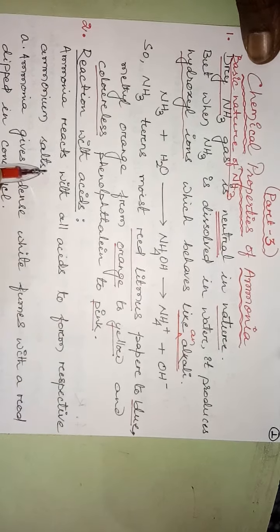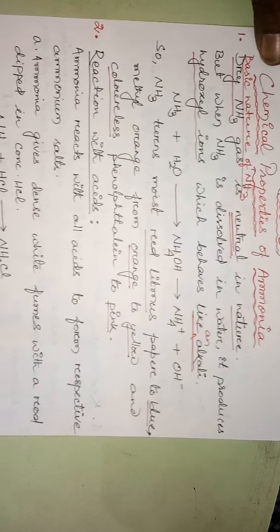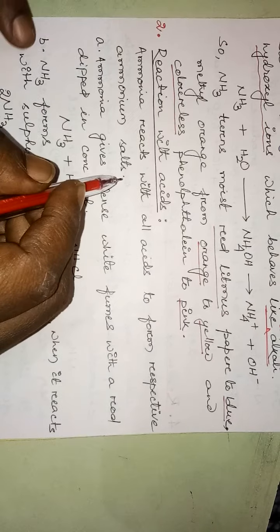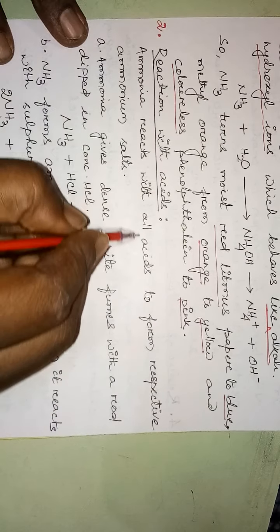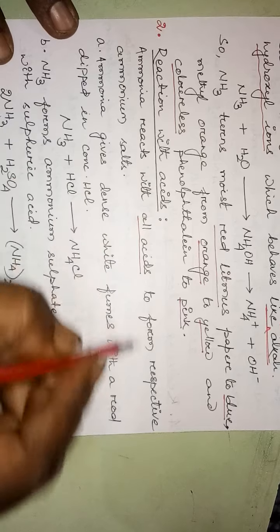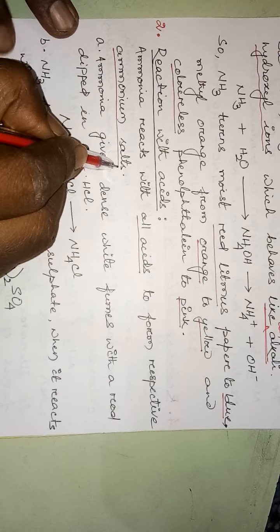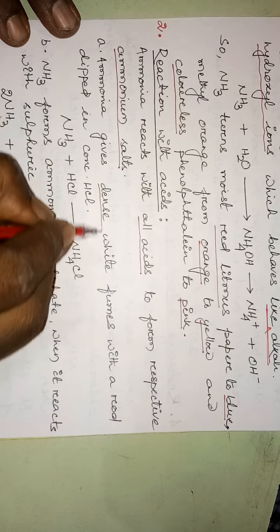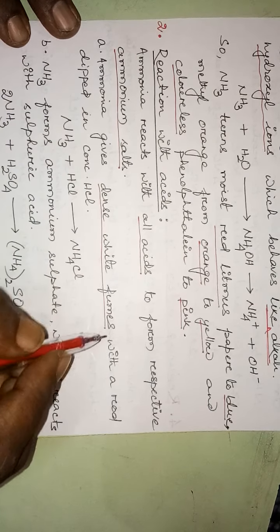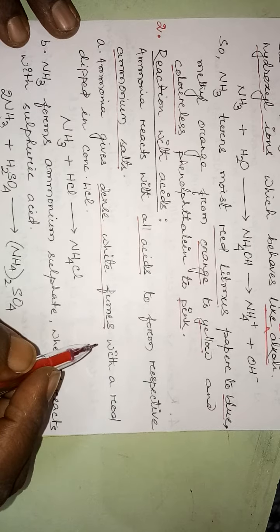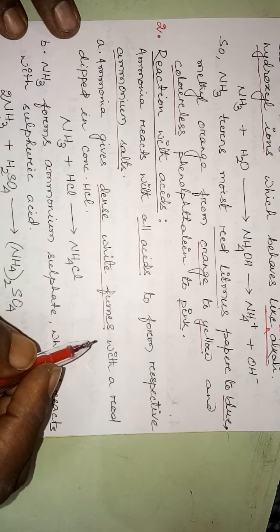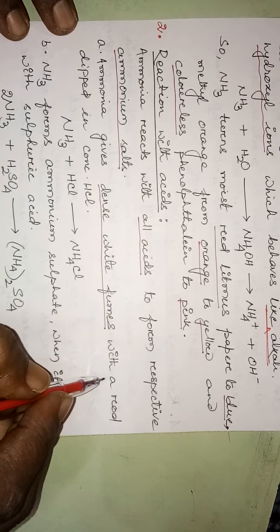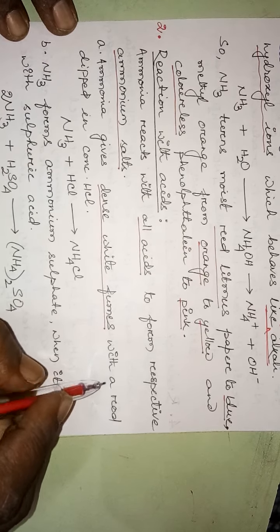Okay, so now we'll discuss the reaction with acids. What happens when ammonia reacts with acids? Normally, when ammonia reacts with acids, it produces the respective ammonium salts. For example, ammonia gives dense white fumes, as we have already gone through in the case of HCl gas, to know whether the jar is full of ammonia gas or full of HCl gas.